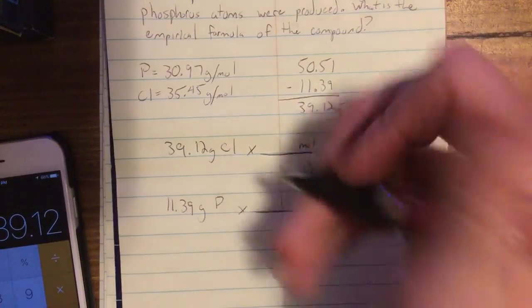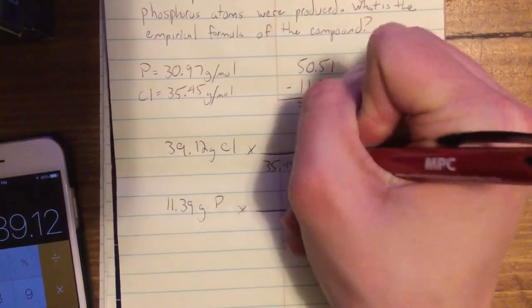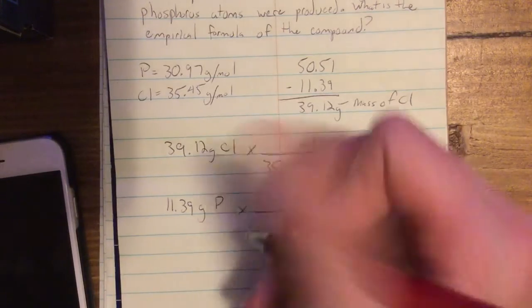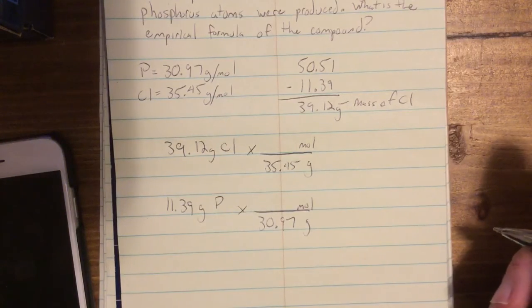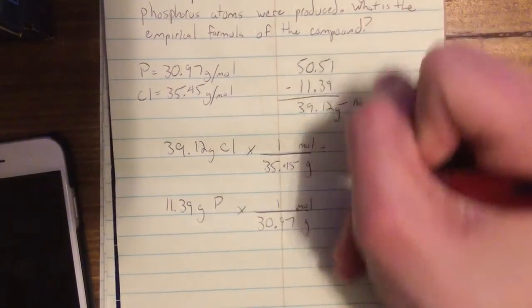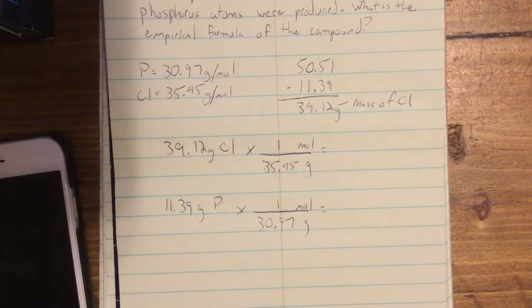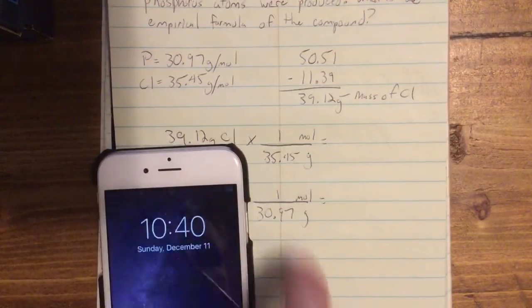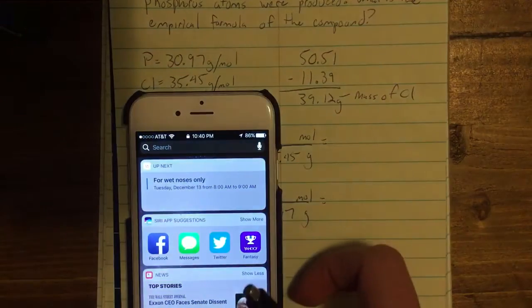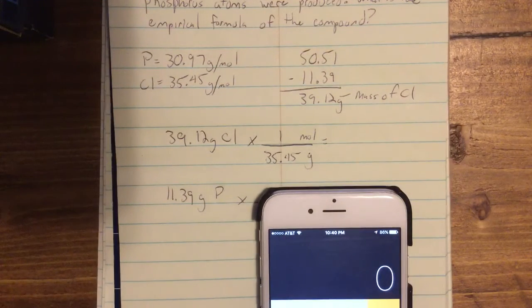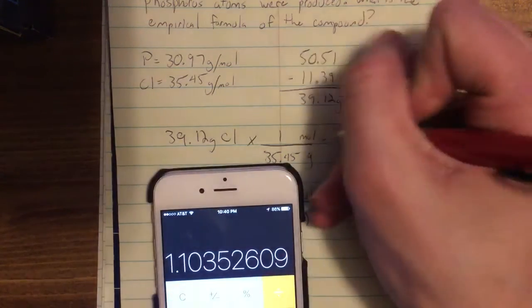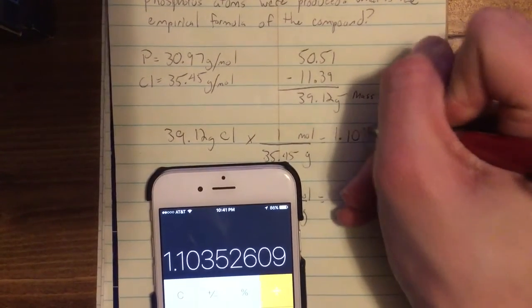Okay, the molar mass of chlorine is 35.45. The molar mass of phosphorus is 30.97. Okay, so on the top goes 1 mole, 1 mole. All right, so now here we're at the point where we do the math. So for the first one, you go 39.12 divided by 35.45, and you get 1.1035.